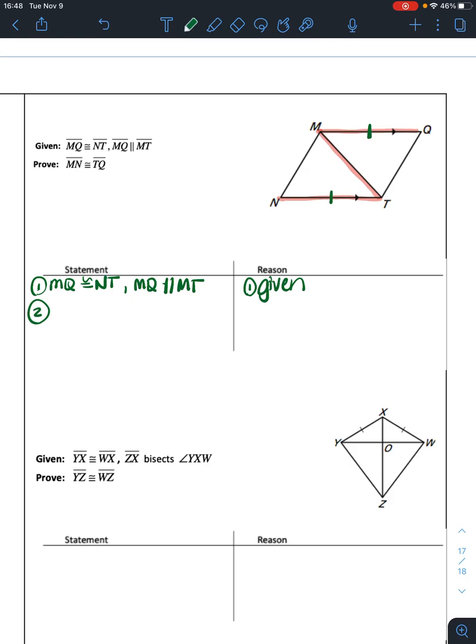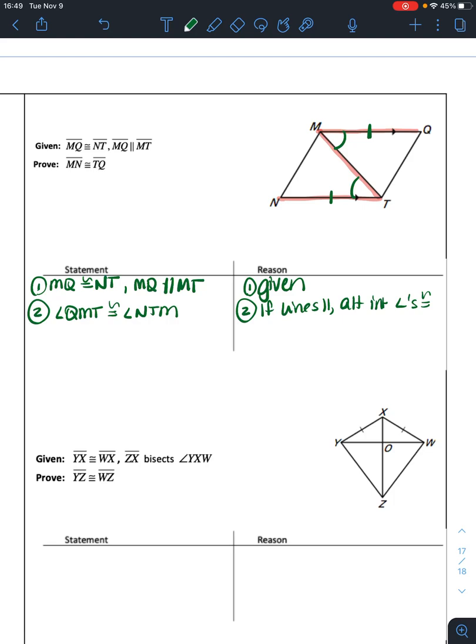So I'm going to say, okay, well, if MQ is parallel to MT, then angle QMT is congruent to angle NTM, because if lines are parallel, alternate interior angles are congruent.